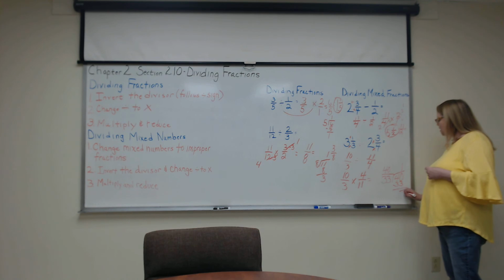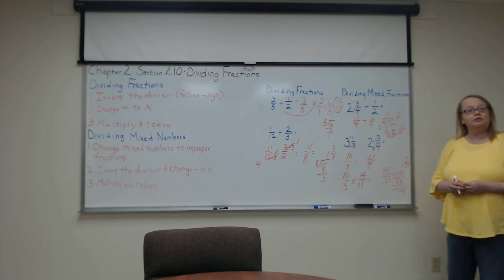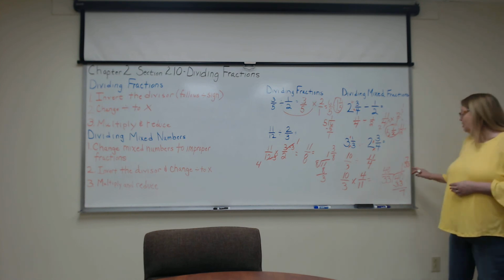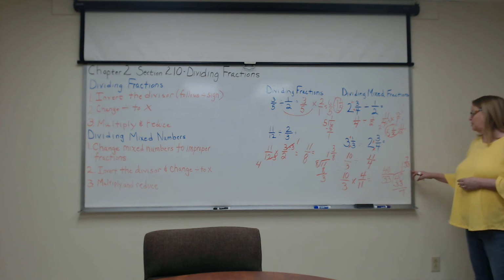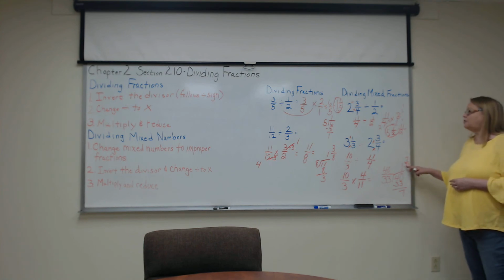Subtract 33, we end up with 7. We get 1 and 7 33rds. This number is already in lowest terms, so it will not reduce. So our answer for this particular problem is 1 and 7 33rds.